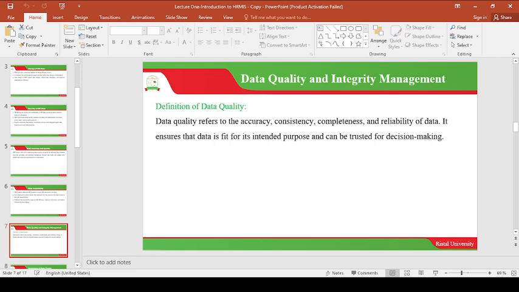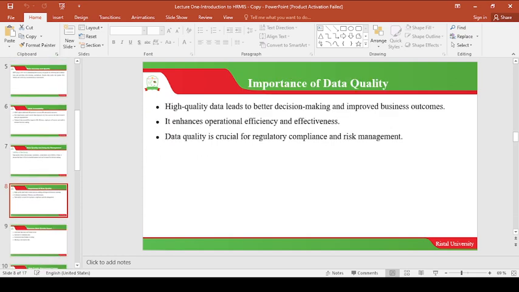It means there is a problem somewhere in terms of forging documents. The person might have forged the academic document or even the recruitment document. So that data is no longer quality, and the chances of considering it become very slim. That's the definition of data quality.